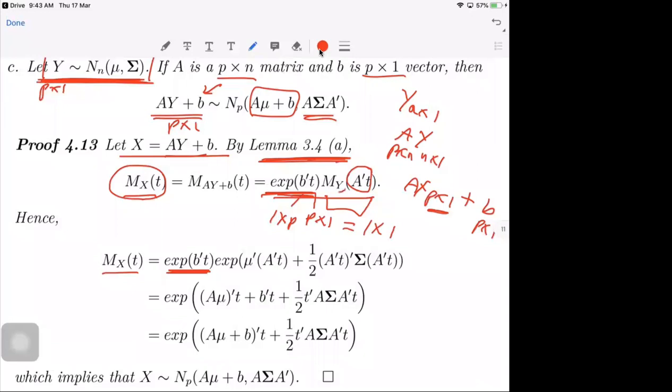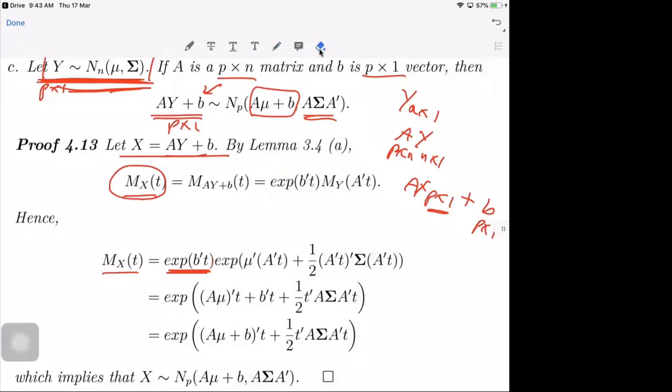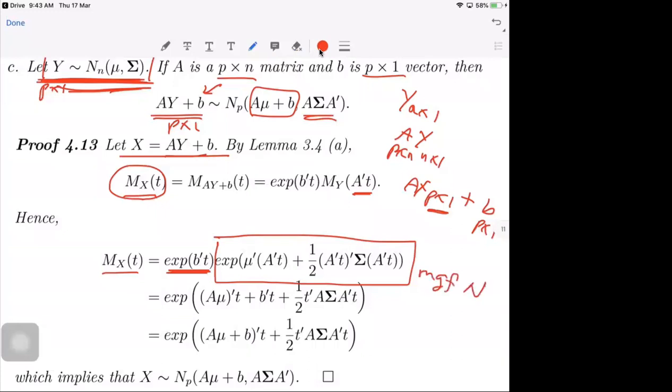And Y is normally distributed. So if it is normally distributed, it has a moment generating function in this form, but your t is A prime t. So you will have the exponential. This is the moment generating function of a normal distribution.